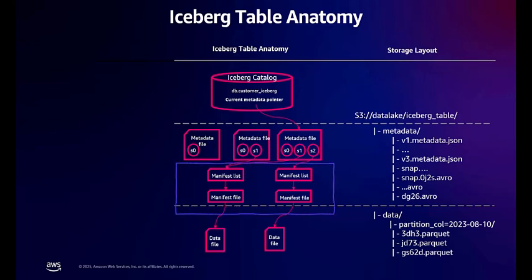Now let's talk about manifest files and manifest lists. They play a very crucial role in tracking the physical layout of your data while enabling features like snapshotting, partition pruning, time travel, etc. So here is how they differ and work together. A manifest file is a data structure that tracks a set of data files, for example Parquet files.